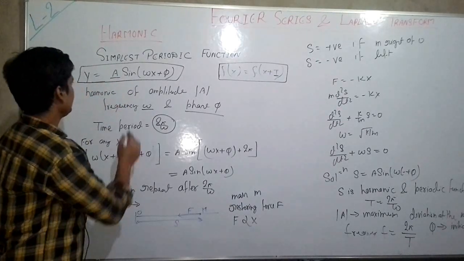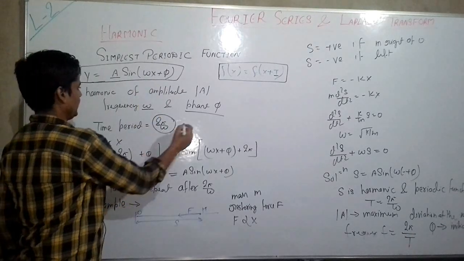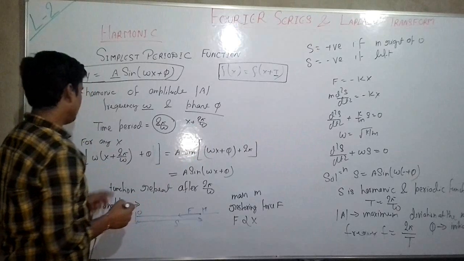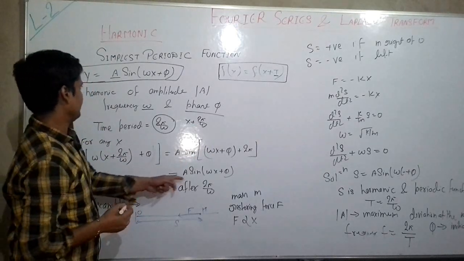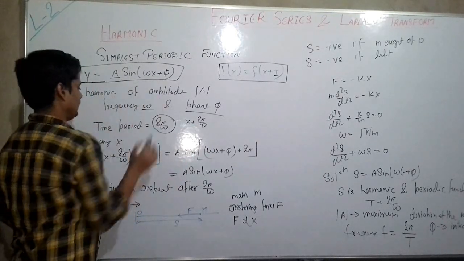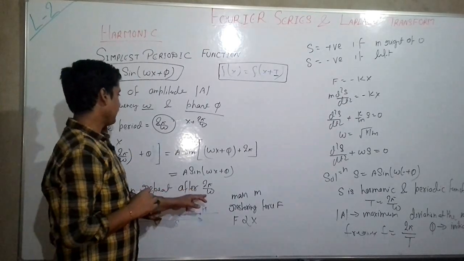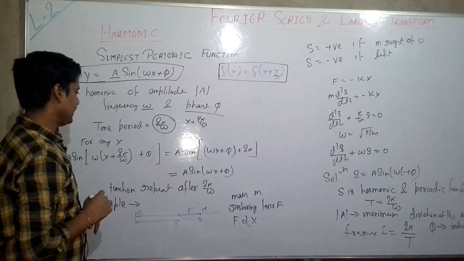If we plug in x is equal to x plus 2 pi by omega, then we get back the same function, A sine(omega x plus phi). So after the 2 pi by omega time interval, this function will repeat itself.